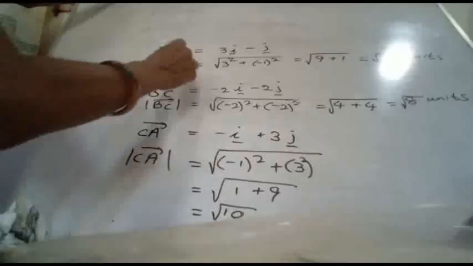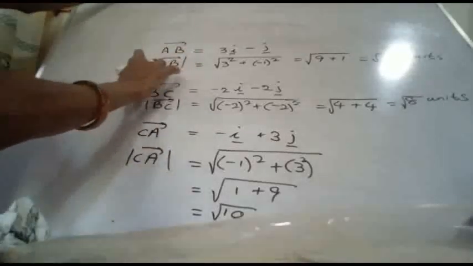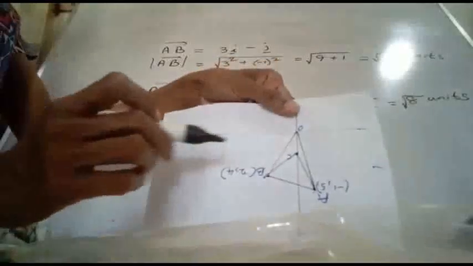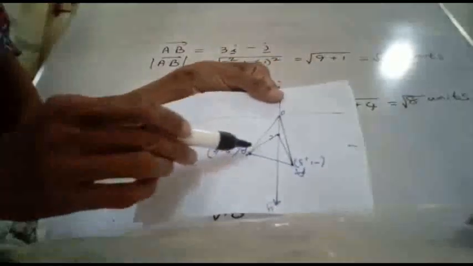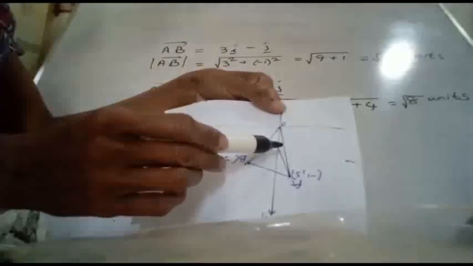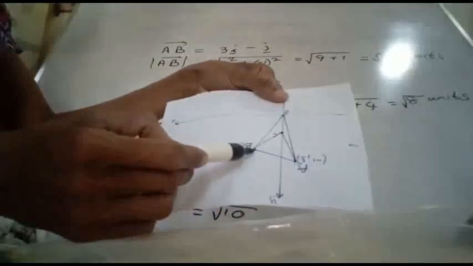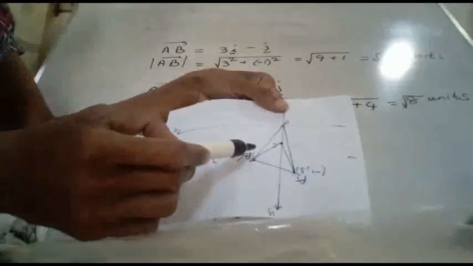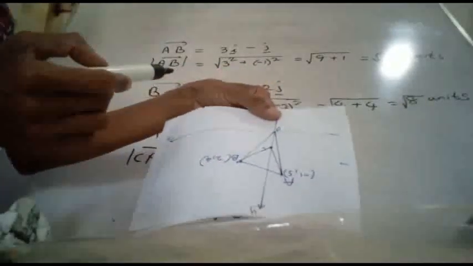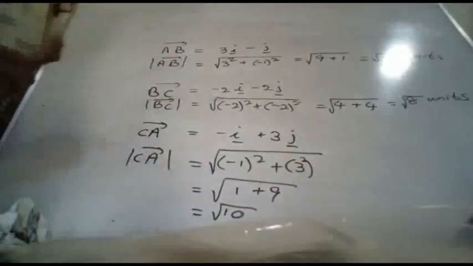And modulus of AB means the length of the side AB. Here in the triangle ABC, the length of the side AC is equal to the length of the side AB. Hence, the triangle ABC is an isosceles triangle.